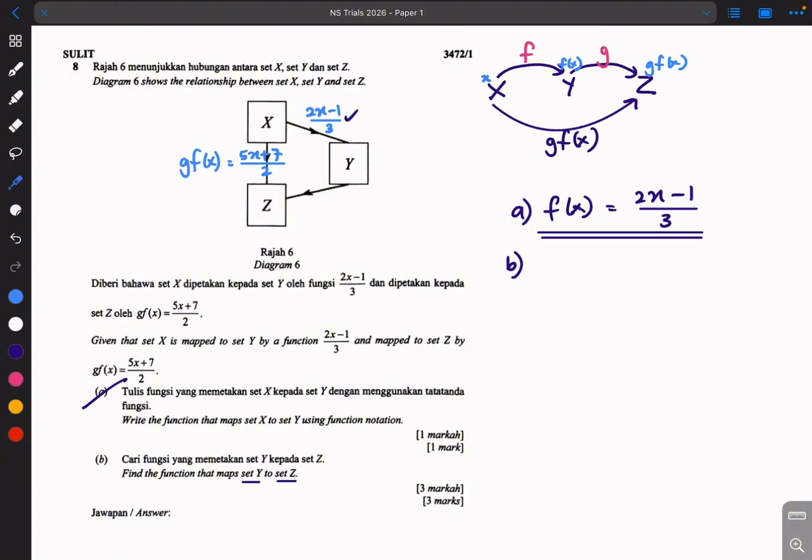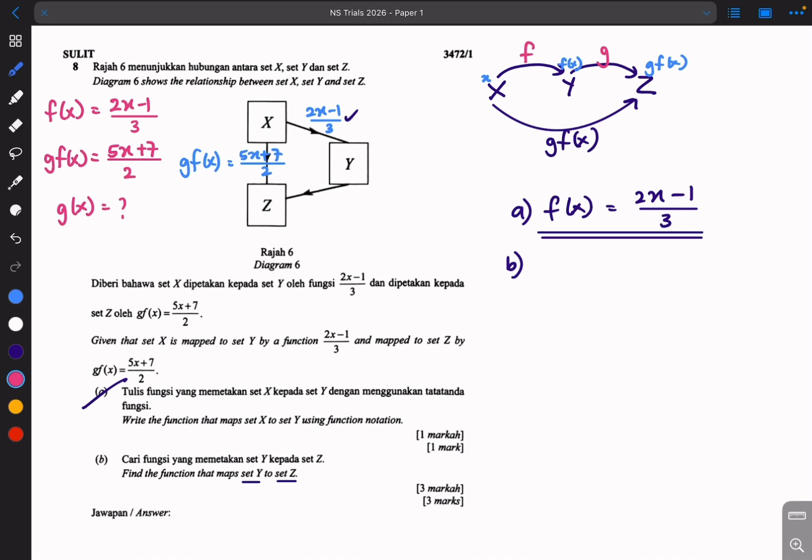So y to z would be the function g. So we need to find g of x. Right. So let's list down what we have here. We have f of x, which is 2x minus 1 over 3. We have g of f of x, which is 5x plus 7 over 2. And we need to find g of x.